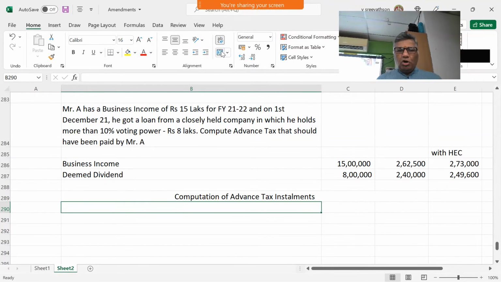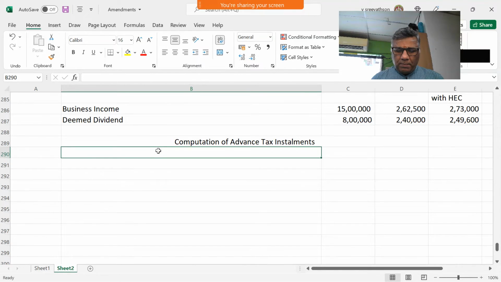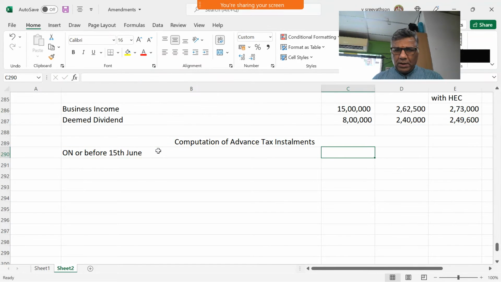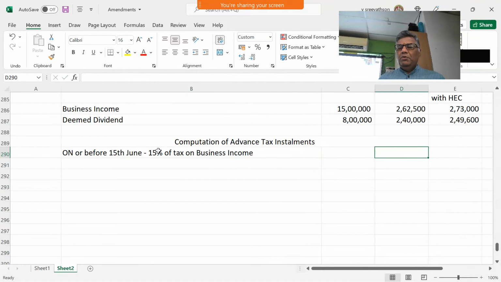Computation of advance tax installments on or before 15th June: 15% of tax on business income. 15% only on the business income.